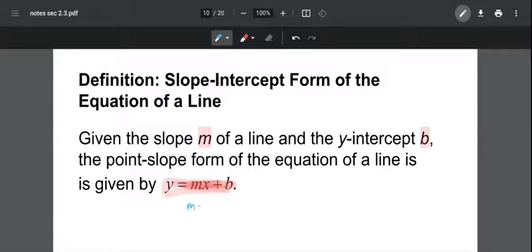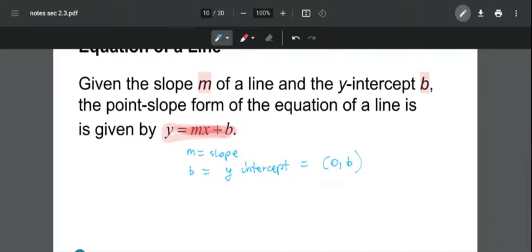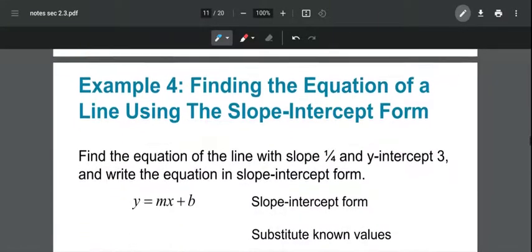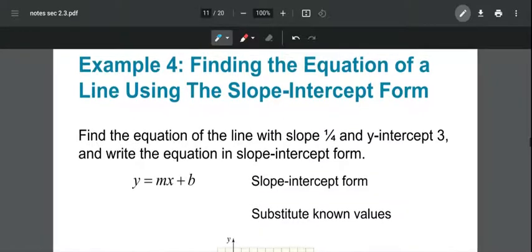So again, m represents the slope, b is the y-intercept, which means the point on the graph with coordinates 0, b. Okay. So let's work with the slope-intercept form. This is example 4.